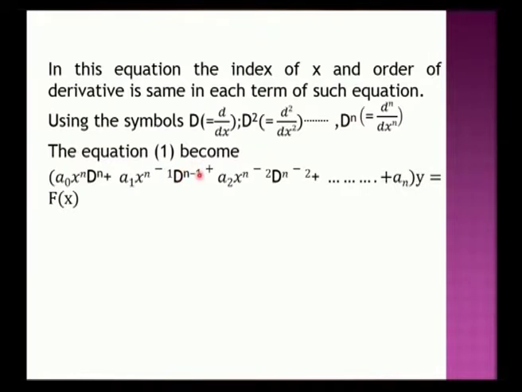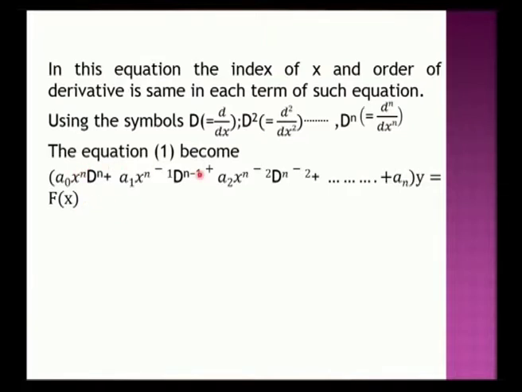That is the meaning of this D^(n-1). Here in this component of the equation, you can see the order of derivative and the power of x will be the same. Then the next component will become a2 x^(n-2) D^(n-2) + etc. + an y = f(x).